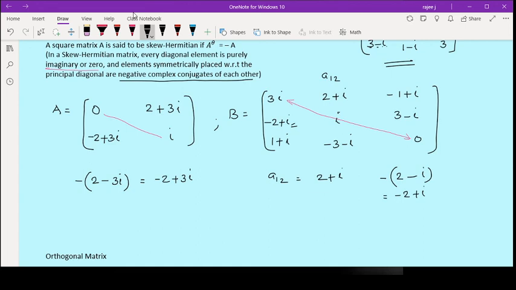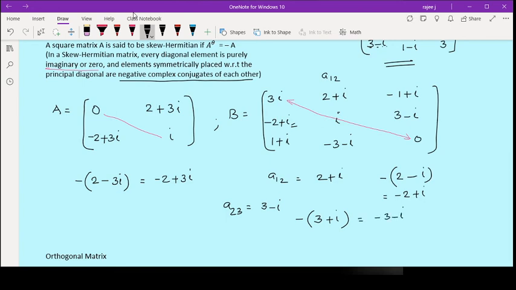So here 3 minus i is there. Which element is it? Second row, third element, A23. A23 is 3 minus i. Now what is its conjugate? Its conjugate is 3 plus i. Now what is its negative sign? Minus. So open the bracket, minus 3 minus i.